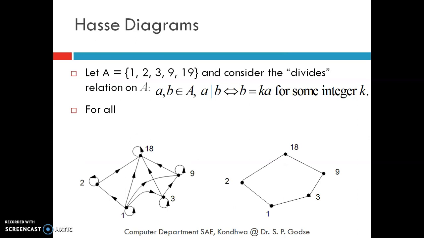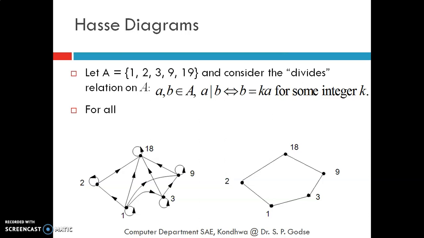Then consider the example. Let A be a set which contains the elements 1, 2, 3, 9, 18, and consider the divides relation on A, that is, (a, b) belongs to R if a divides b, which is equivalent to b equals k times a for some integer k.